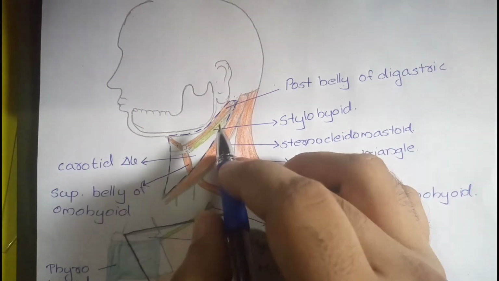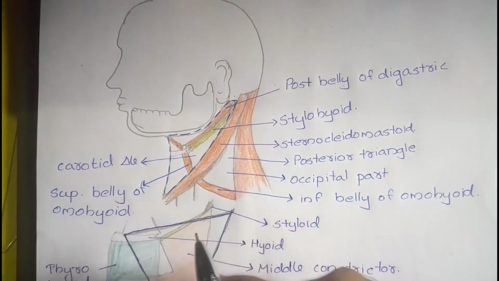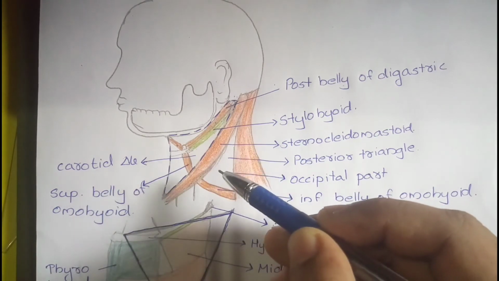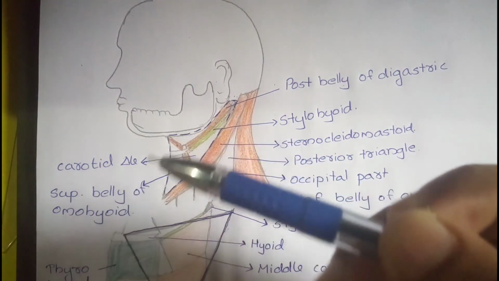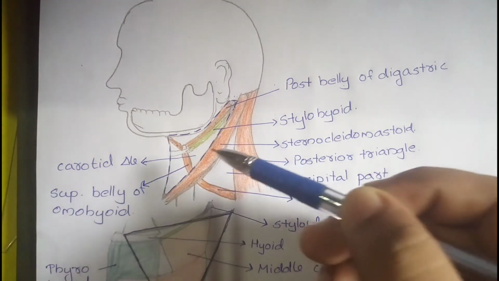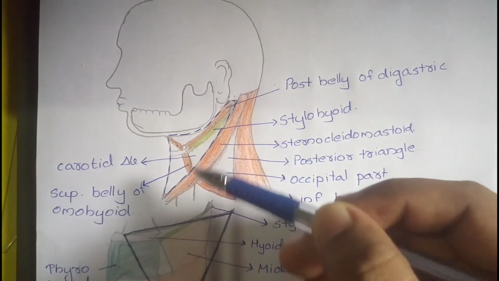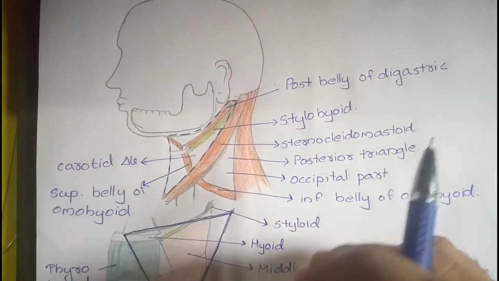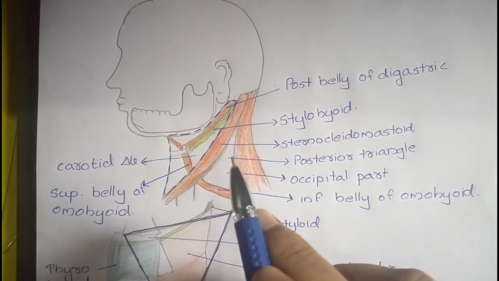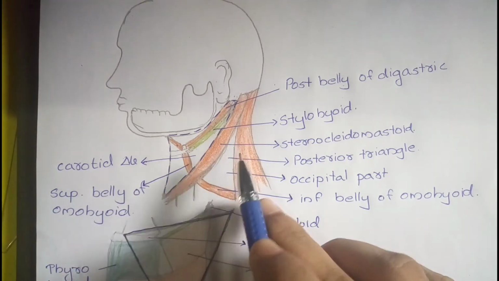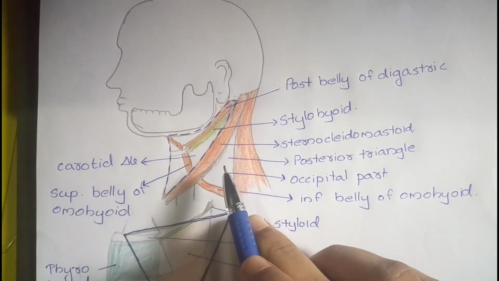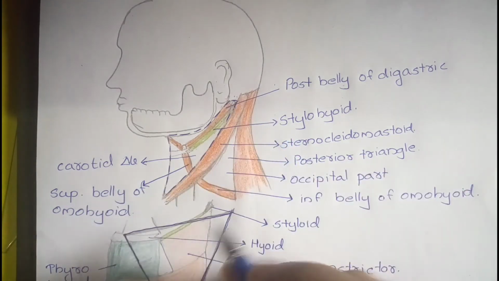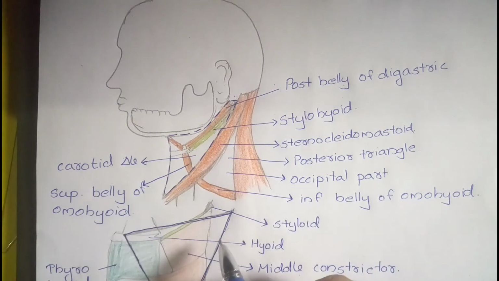So the superficial fascia contains the cervical branch of the facial nerve and also the transverse cutaneous nerve of the neck. The investing layer of the deep cervical fascia is also a part of the roof of the carotid triangle. So the roof includes skin, superficial fascia containing platysma, the cervical branch of the facial nerve, the transverse cutaneous nerve of the neck, and the investing layer of the deep cervical fascia.